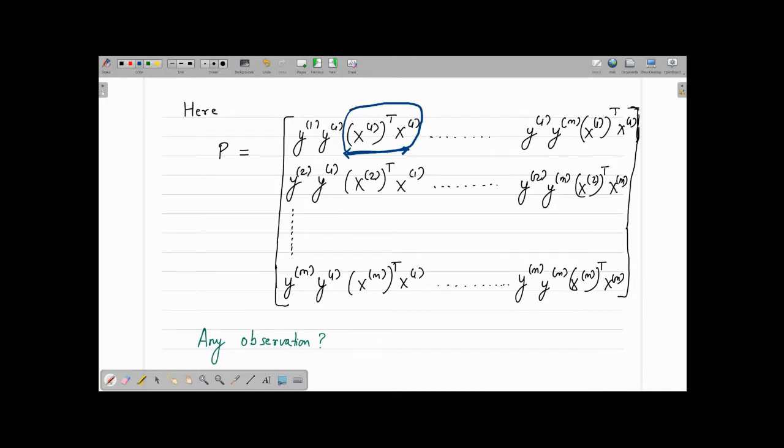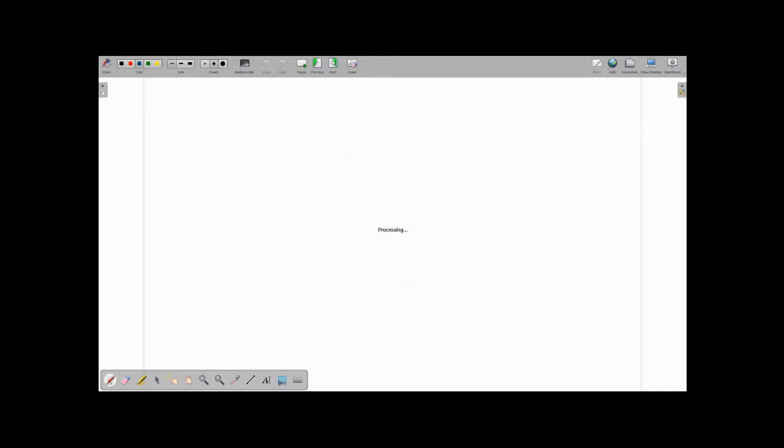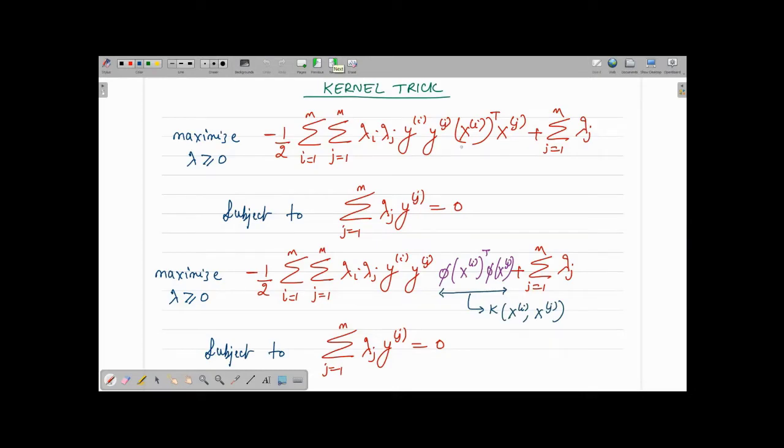If you observe this clearly, we have this dot product, and this dot product can be used to apply the kernel trick here. Last time also we saw how we were using the kernel trick for dot products. So once we see this matrix P, we can transform this into phi xi transpose phi xj.